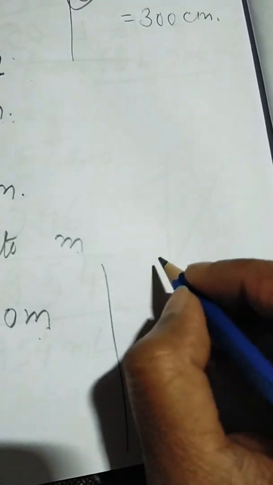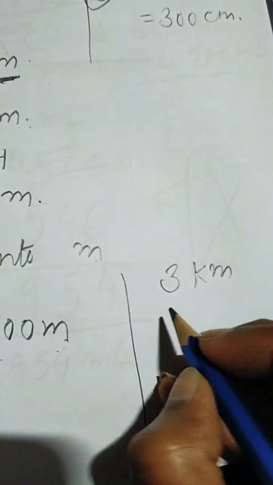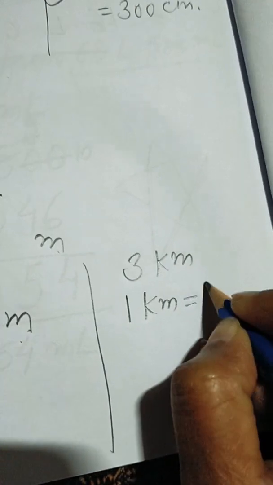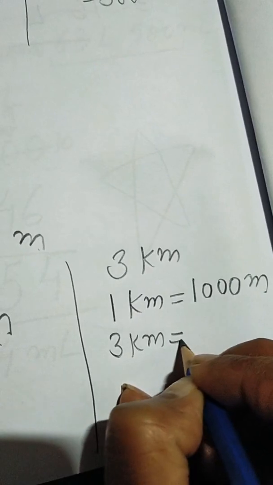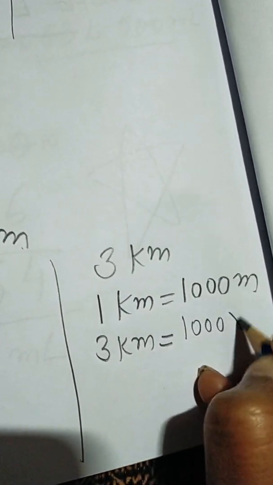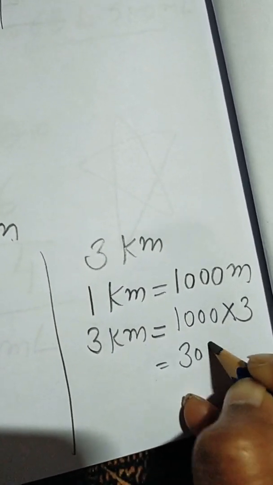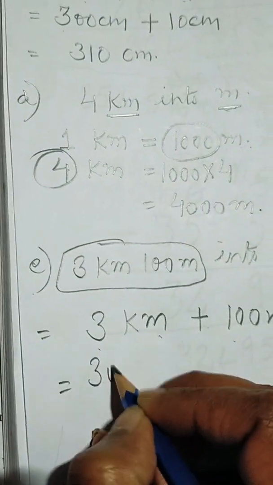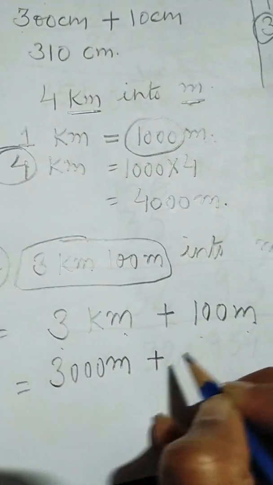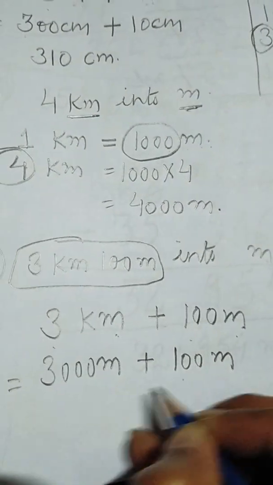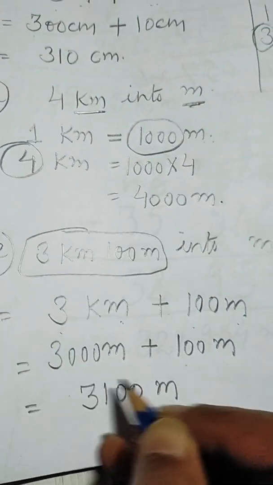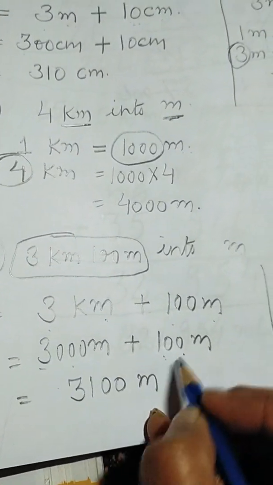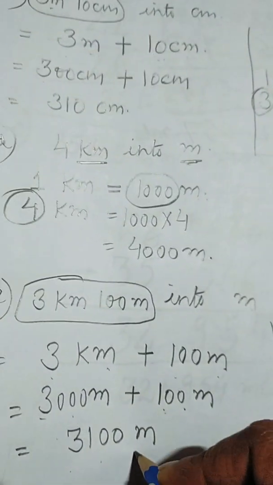So we will convert 3 kilometer in rough work. 1 kilometer is equal to 1000 meter. 3 kilometer is equal to 1000 multiplied by 3. So here we will get 3000 meter. So we will write here 3000 meter plus 100 meter. When we add these both, we will get 3100 meter.